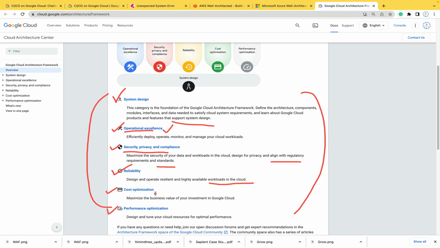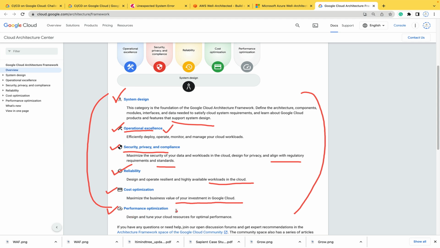Cost optimization is one of the most important, because most of the time every business wants to minimize cost and maximize value. What is the purpose of deploying the business workload, the application workload, and so on? It is to maximize the business value of your investment in Google Cloud, right?